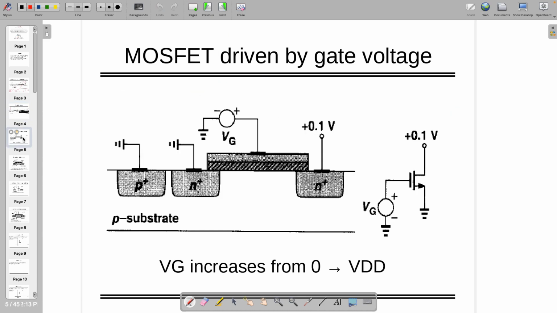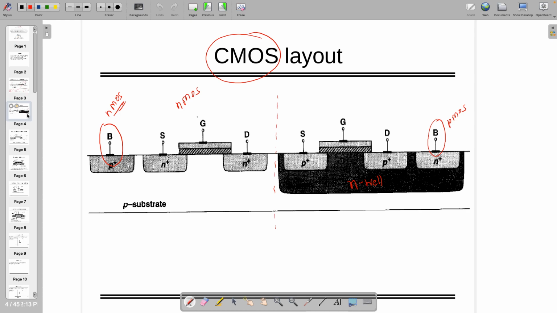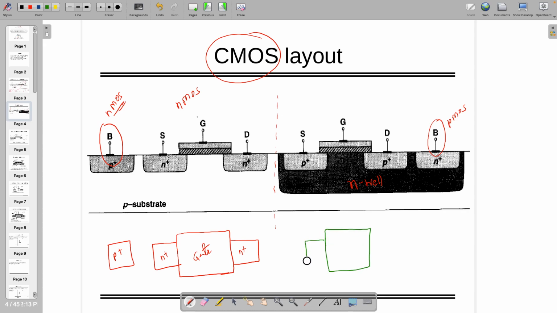Now, there is no problem, right? If I want to draw the layout of this one, it will look like this. So with the red color, I am drawing NMOS, and with green color, I am drawing PMOS.